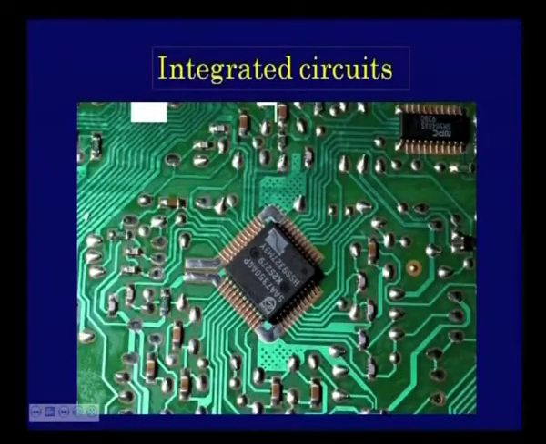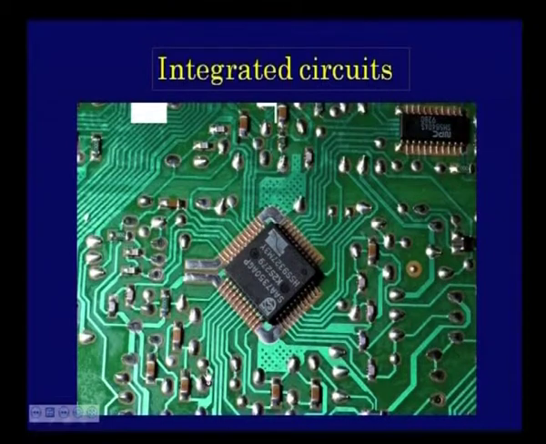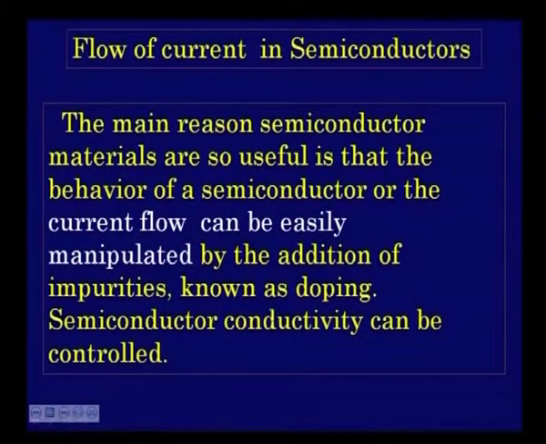As you see here, you will be having semiconductor integrated circuits. I told you about integrated circuits. You see the integrated circuits, you have very many components, they are made up of semiconducting materials. You have a chip here, a semiconductor chip.